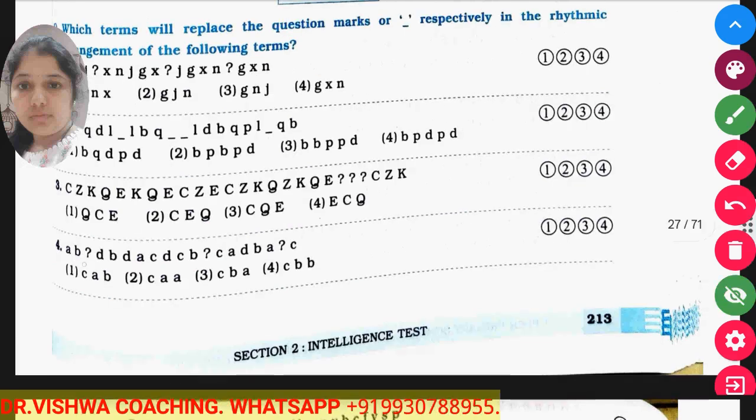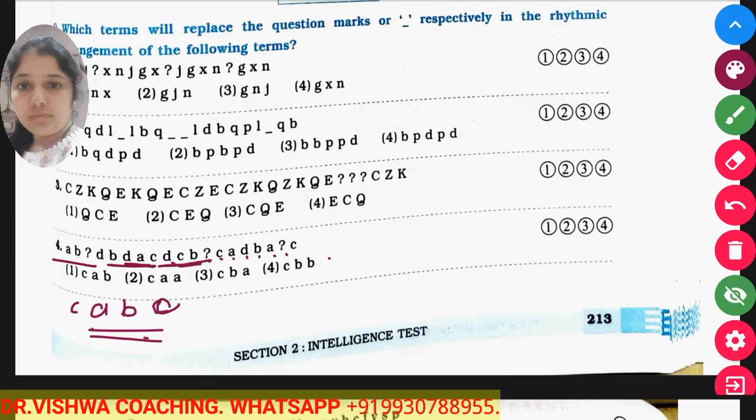A, B, C, D, then B, D, A, C, then D, C, B, A. Okay. Here C, then A, D, C, B, A, then C, A, D, B, then A, B, C, D. Okay, like this it is.